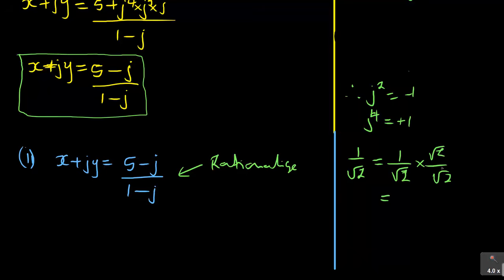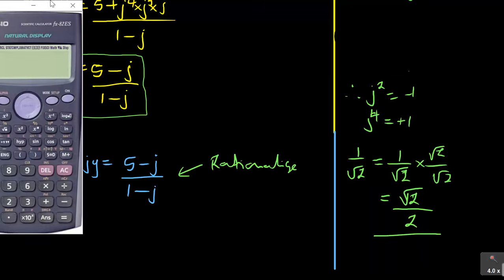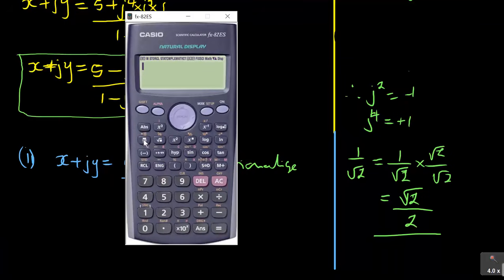Now, to rationalize is to get rid of the square root, which will be 1 times square root of 2, which is simply square root of 2, over square root of 2 times square root of 2, which is 2. So this is what I have done to rationalize. Even your calculator, if you say 1 over root 2, 1 over square root of 2, your calculator rationalizes automatically to give you square root of 2 over 2.